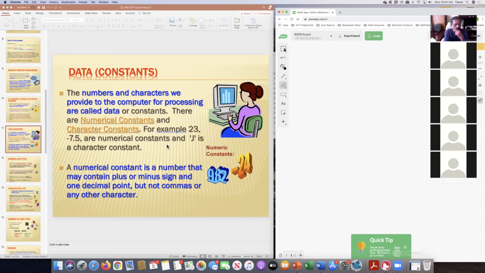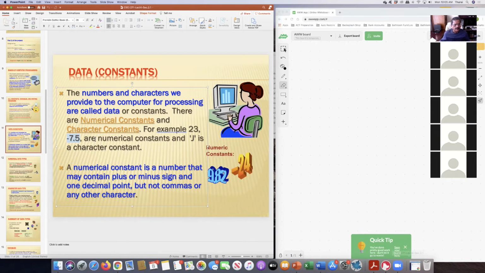So we need to learn the details of that. Let's look at this: 23. 23 is a number, so it falls into the numerical constant. Minus 7.5 is a number, has a fractional part, but still a number. All numbers fall into numerical constants, whether they are whole numbers or fractional, negative, positive, doesn't matter.